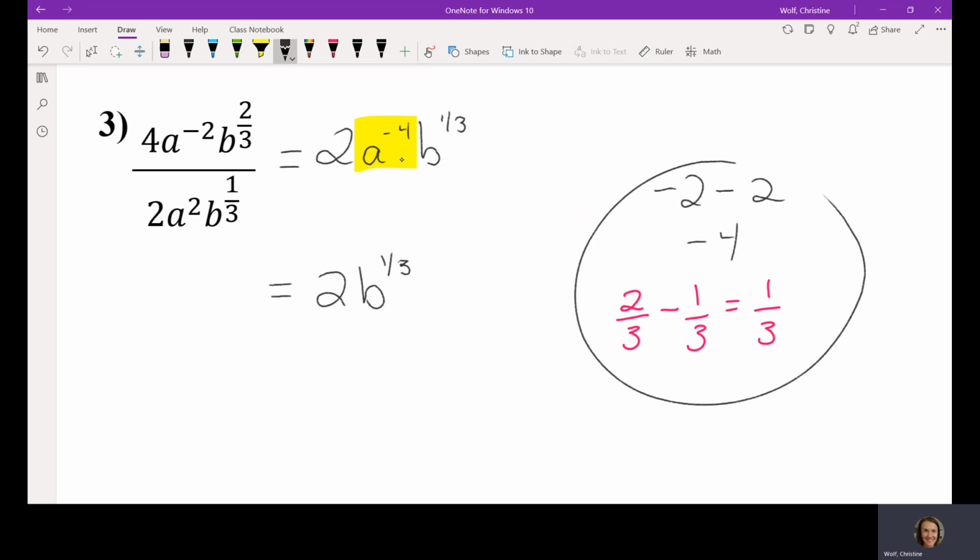Same with the b to the 1/3. But that a just gets set down underneath the 2 of them, and it becomes positive. And we're done because we have exponents on the b's and the a, but we can't evaluate variables, excuse me. So we're done. I can't really find the cube root of b, so I just stop.